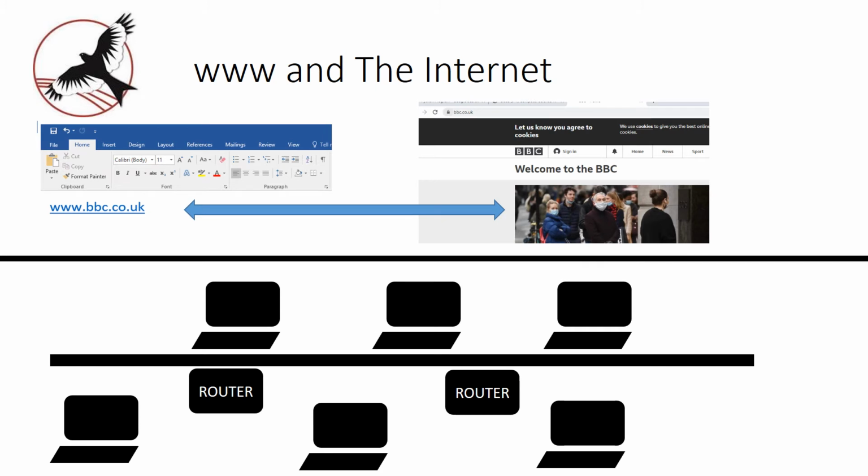I find this is one of the most annoying issues with students, in that we use www, World Wide Web, and the expression the internet to mean the same, where they're not. The images at the top show the hyperlink between a Word document that shows bbc.co.uk and the website for the BBC.